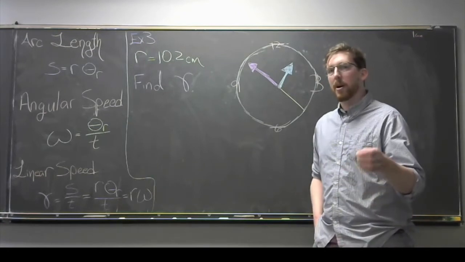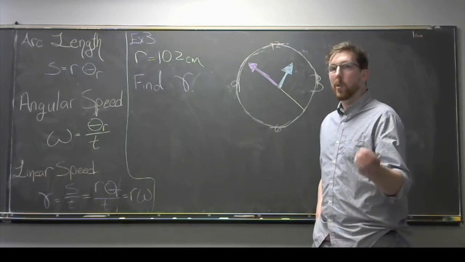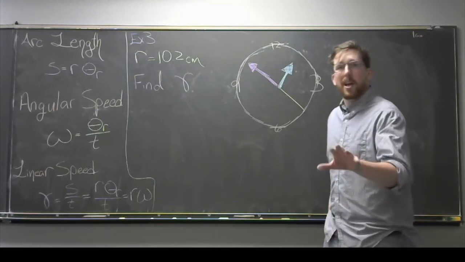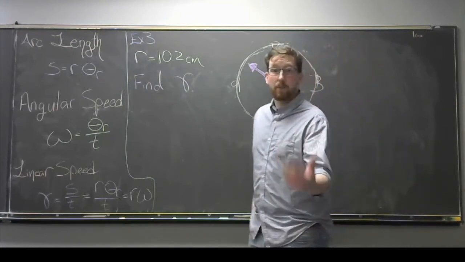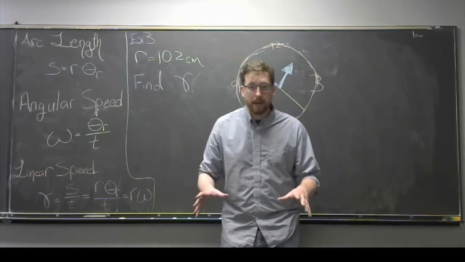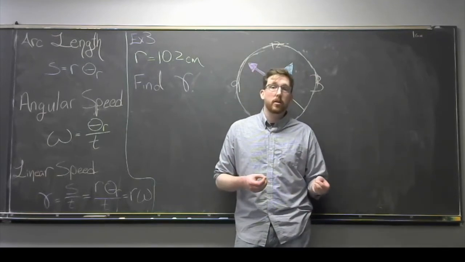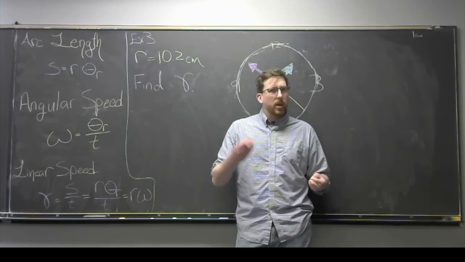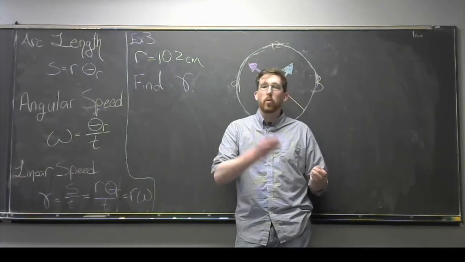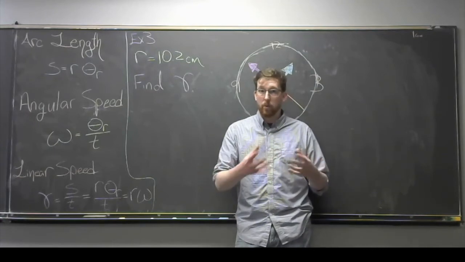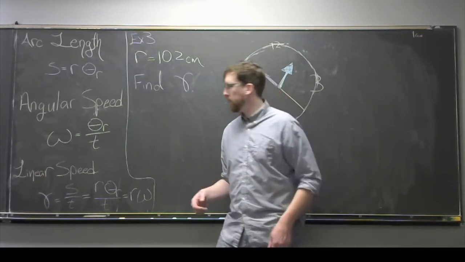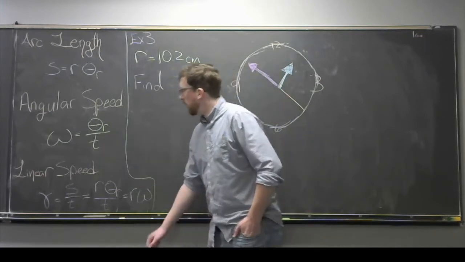Typically, when talking about angular speed, we like to keep things in radians. And for most of this class, we're going to want to keep things in radians. I should let y'all know that. So get used to thinking about things in terms of radians, but also get used to thinking about how radians and degrees relate to one another.